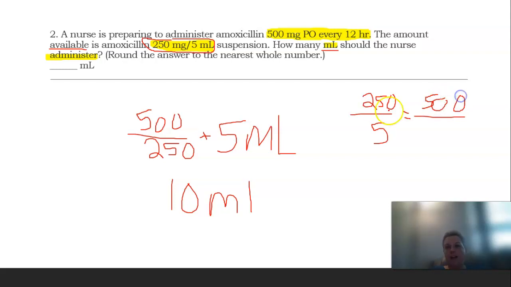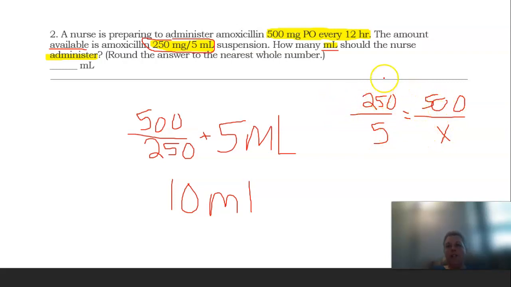So if I know there's 250 per 5, how much is in 500? These need to be equal on both sides of the equation.